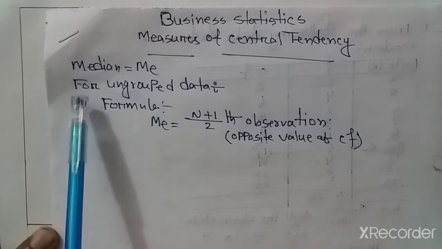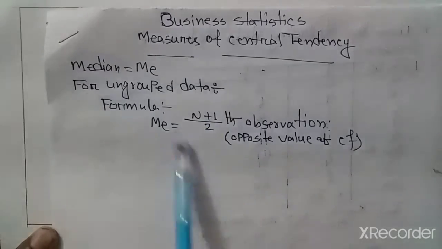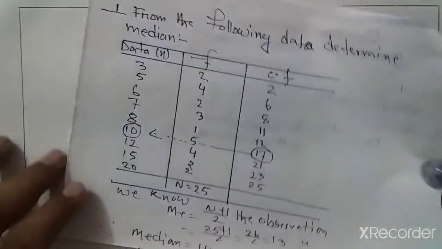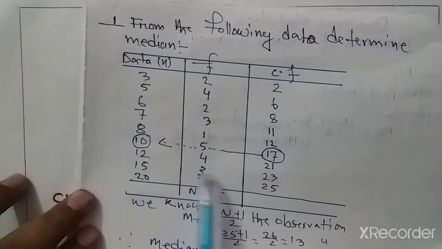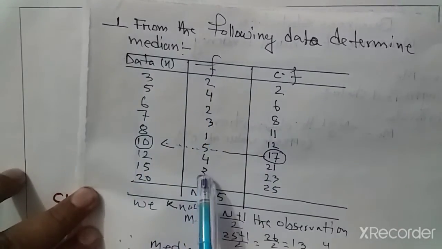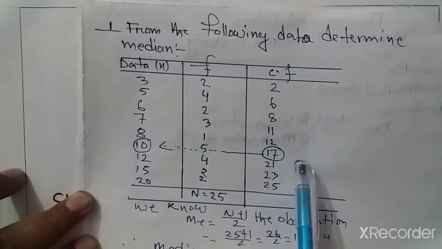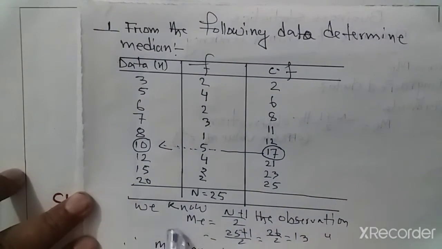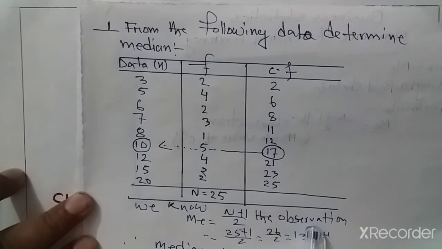The topic is median for ungrouped data. The formula is right here. Now we solved two questions. One was given with only information without class with frequency. We have to calculate CF, after that we write the formula, then the value of n is put in and divided by 2 to get the 13th value.